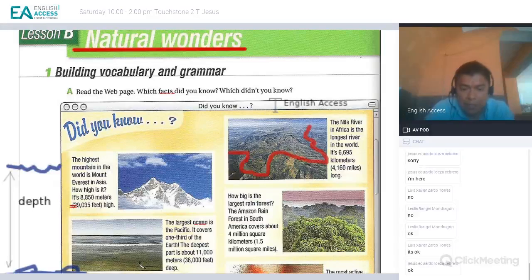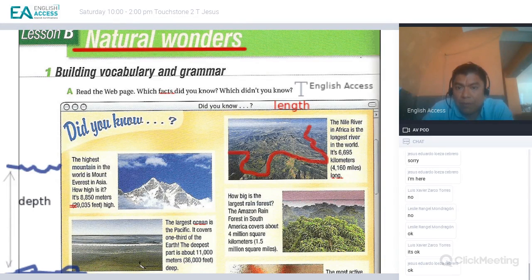This is length. It is the noun, length, and the adjective is long. Of course, how do we measure this?